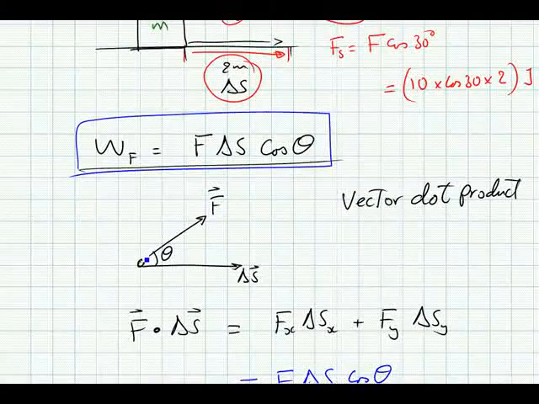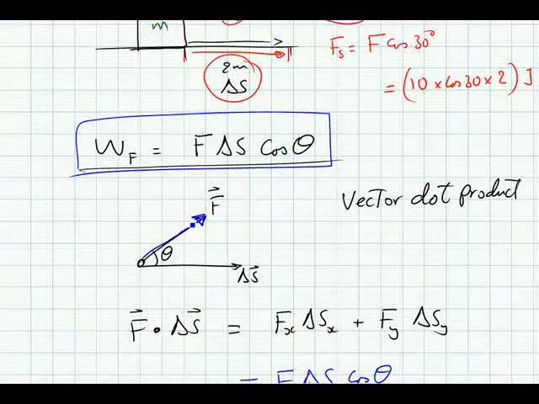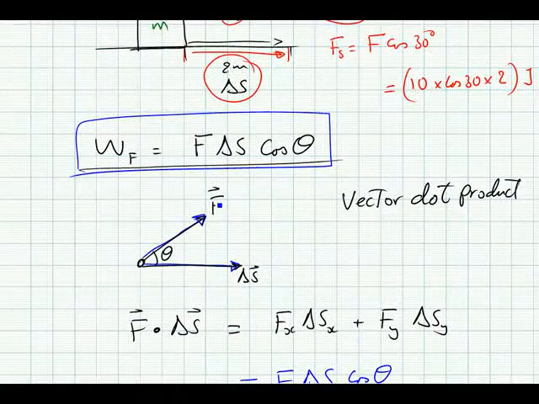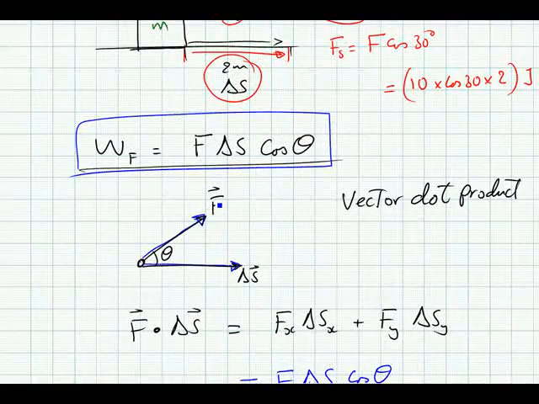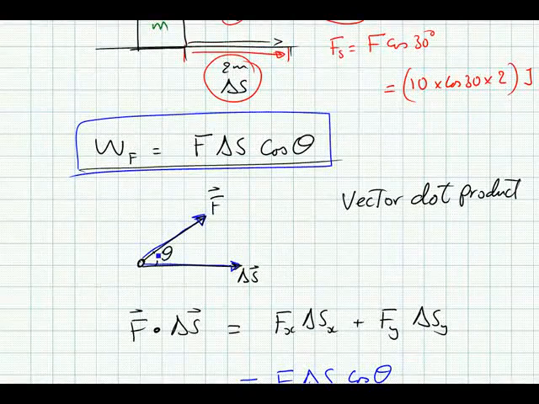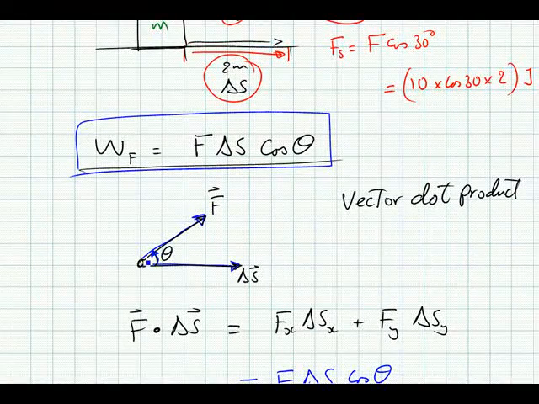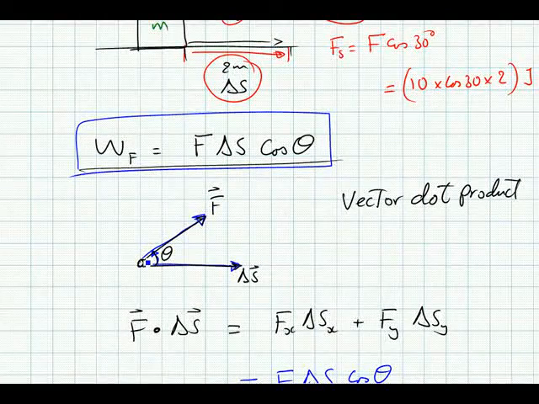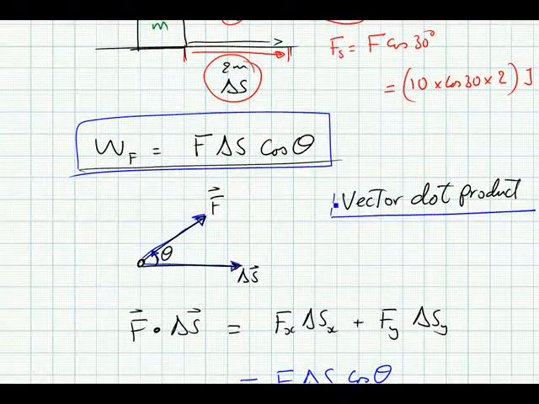So if force, this is our force vector here, and this is our displacement vector here, delta S, work done is simply F delta S cosine theta, where theta is the angle between the force vector and the displacement vector. This is also called the vector dot product.